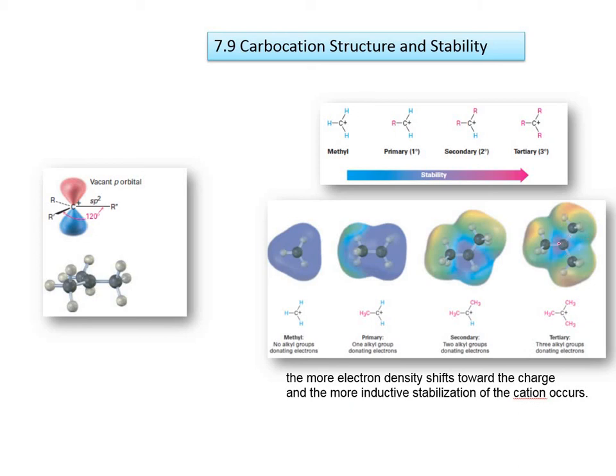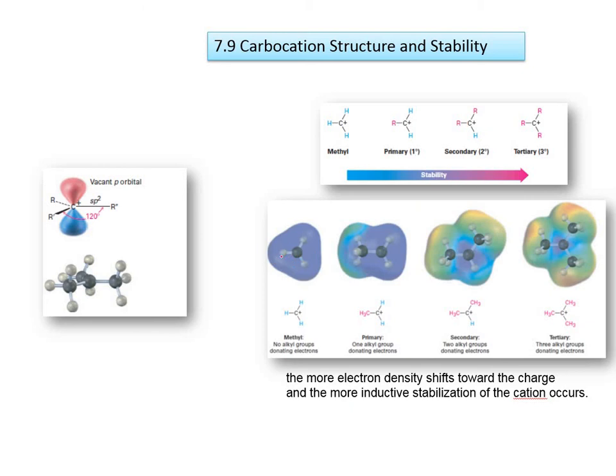They release electrons toward the positive center, so they neutralize the positive charge a little, or in a more correct way, the positive charge is dispersed when you have neighboring carbons. Here we have 3 neighboring carbons next to the positive carbon, here we have 2, here we have 1, here we have 0.